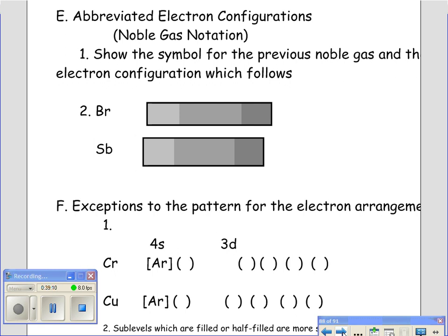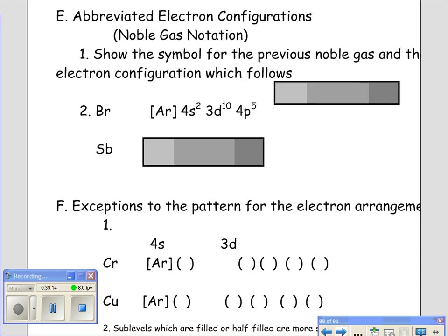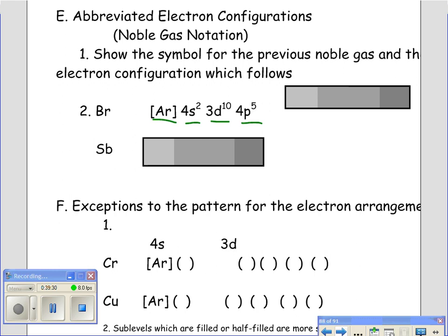So we can do bromine, so we don't have to draw 35, we don't have to put out where all 35 are. We show that it has the electron configuration just like argon, which takes us up to 18. And then here's where the other electrons are located. So pause this, do antimony, and see if you get it correct.